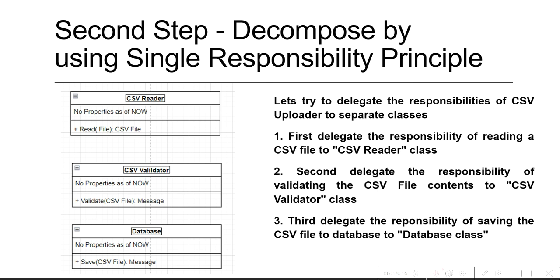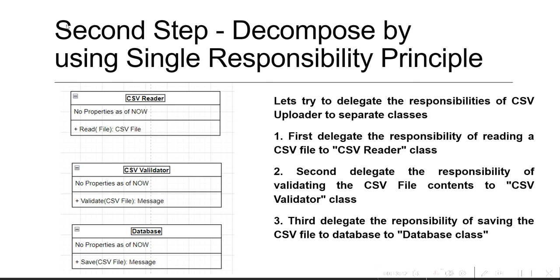Next, validation. That again I have delegated from the CSV Uploader to the CSV Validator class. This class does only validation. So what you do, you pass a CSV file, or, okay, it is not a CSV file actually, you pass the list of lines.